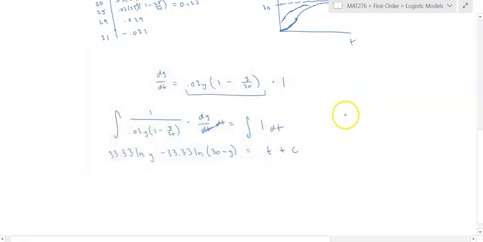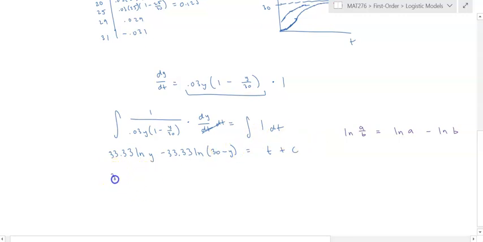And you may remember this one at some point from working with logarithms, but it is the case that if you have the log of a over b, that is equal to the log of a minus the log of b. And vice versa. So if you have the log of something minus the log of something else, you could write it as the log of their ratio.